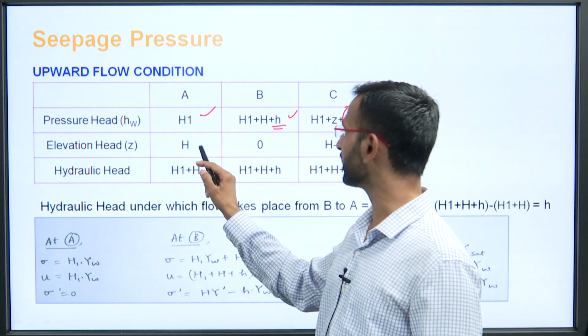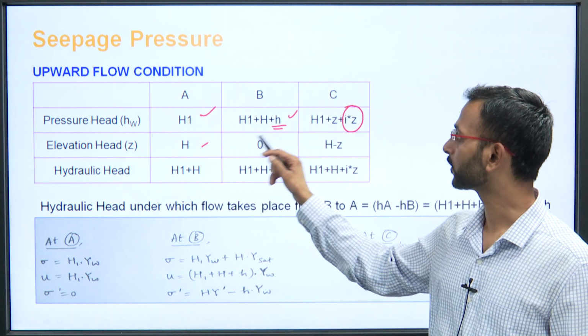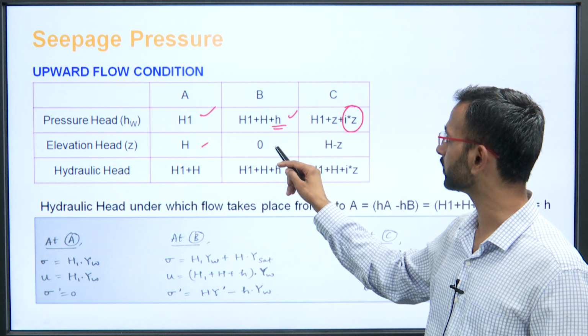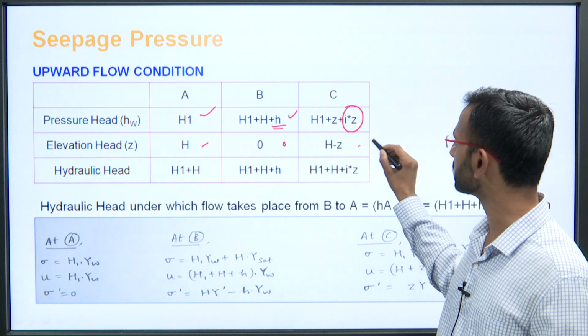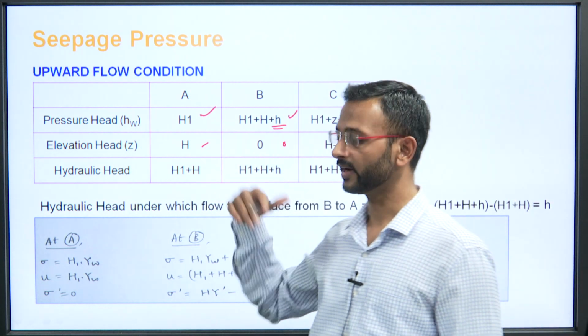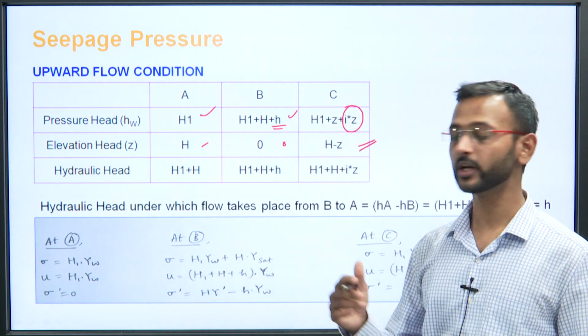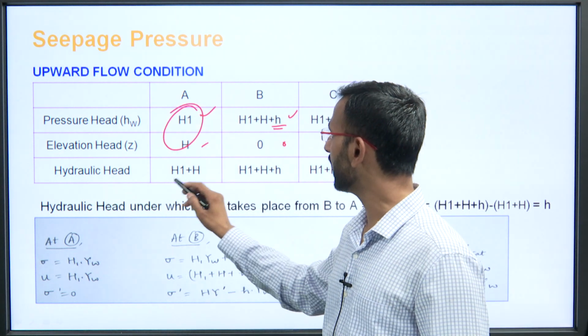When you talk about the elevation head, at point B it is just at the datum level, so it is 0, and then at some point C it is H minus Z, that is the elevation head. When you talk about the hydraulic head, we will simply add these two things.